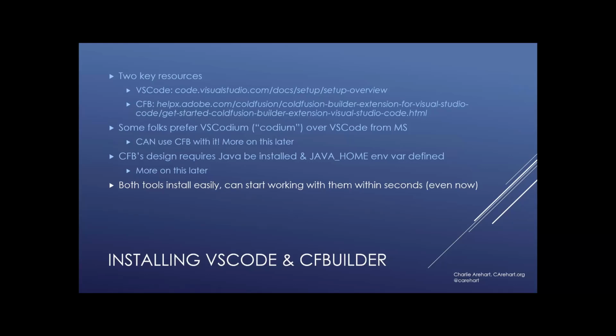And I'll just say it one more time. It was Adobe's choice to leverage the Java integration in VS Code that requires that VS Code support Java. If I'd had more time, I was planning to add something to this. I'll talk about that later. But there are some other ways to configure the Java that do not require what we're doing. I didn't want to get stuck on this because there's so much more to discuss. So let me just say this.